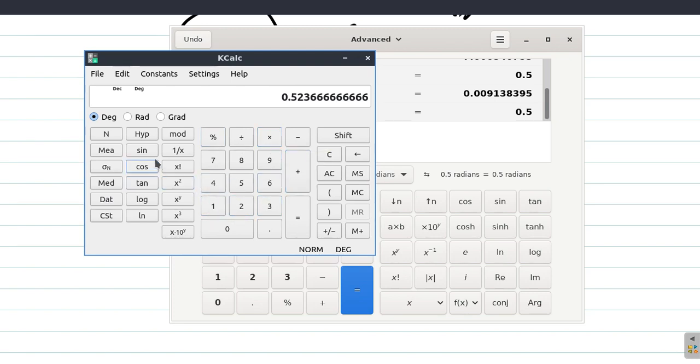And I say sine, good, a different thing, because it's in degree mode. But if I put it in radian mode and say 3.142 over 6 equal, and then sine, I get 0.5. So it is working here, right?